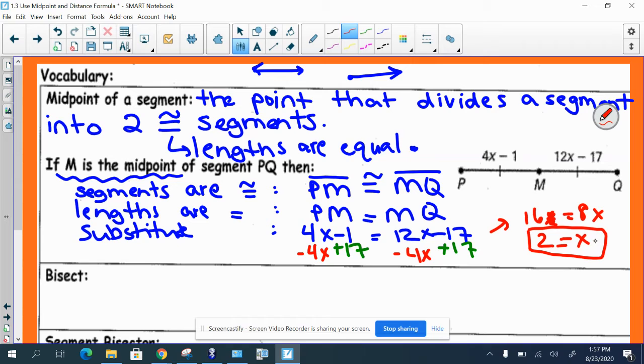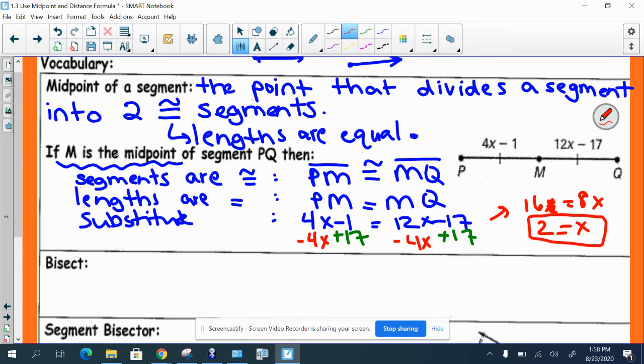And you might have heard about proofs in geometry. They're not that scary. It just takes a little bit to get used to the thought process that goes behind proofs. So if you understand this process of thought here, then that is essentially a proof for finding x. Okay, having a statement and then giving a reason for that statement.